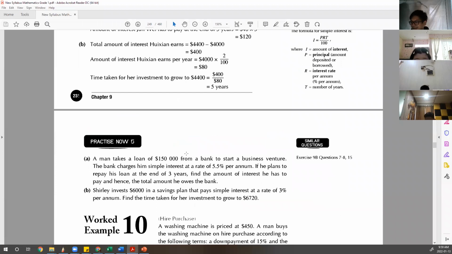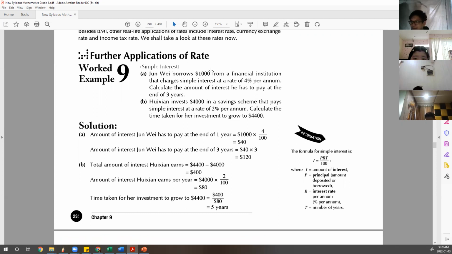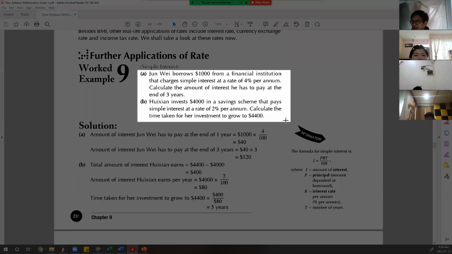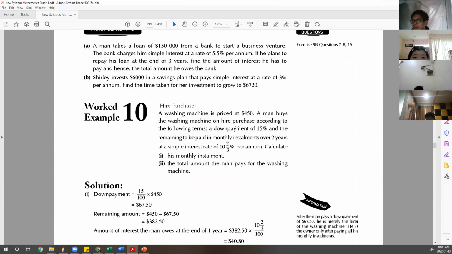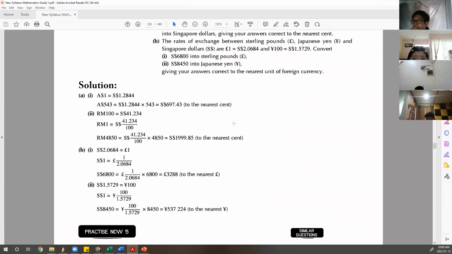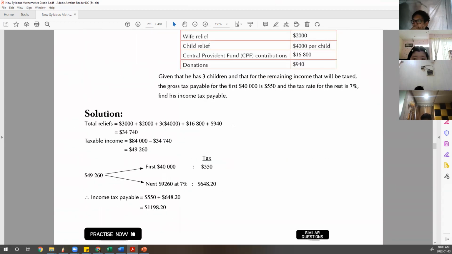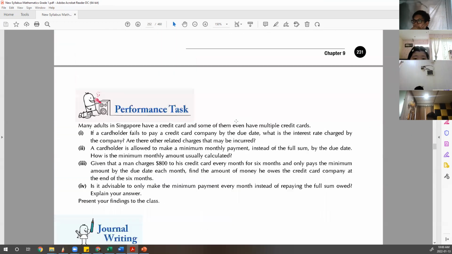Oh, percentage. Okay, very interesting. I think this is very simple. This is the further application of rate. I think we can do 2 more questions. There are so many explanations here.